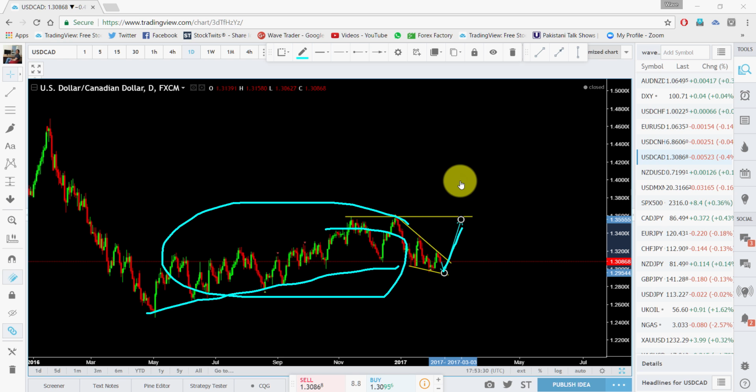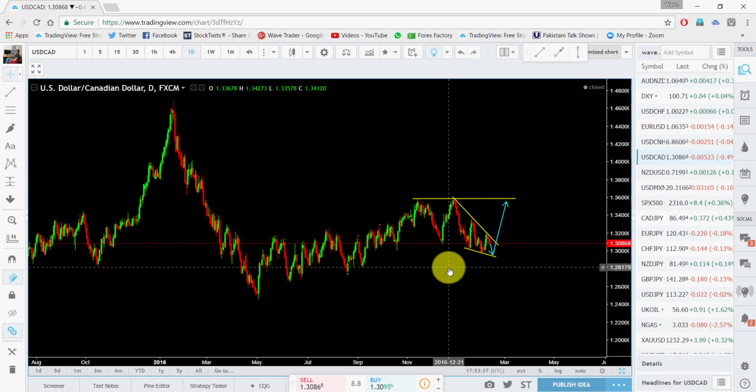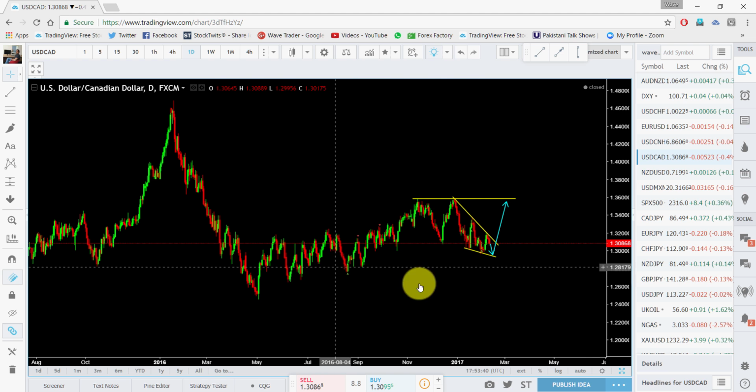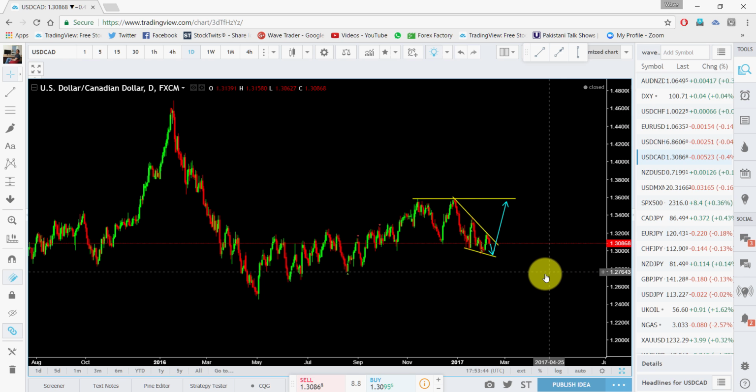The pattern will still remain bearish, a continuation to the downside, but it is going to change its ranges and form new ranges.